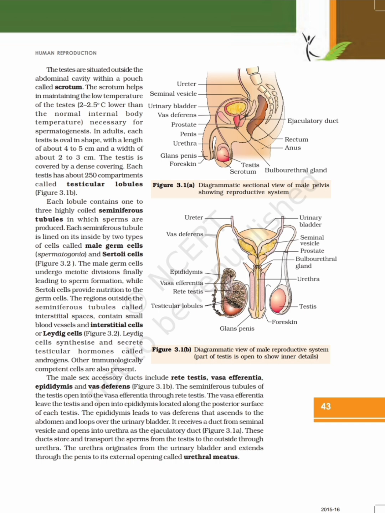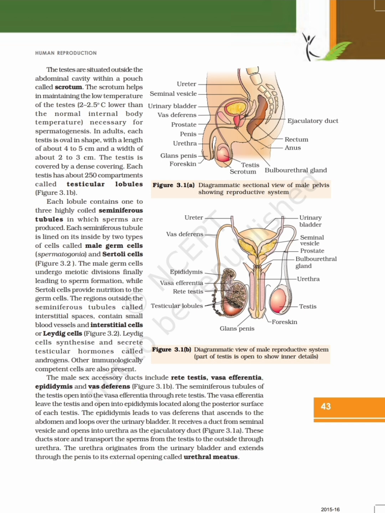This interstitial space also contains cells and blood vessels. What cells are there? Interstitial cells, also known as Leydig cells, which are responsible for the synthesis of the testicular hormones known as androgens.